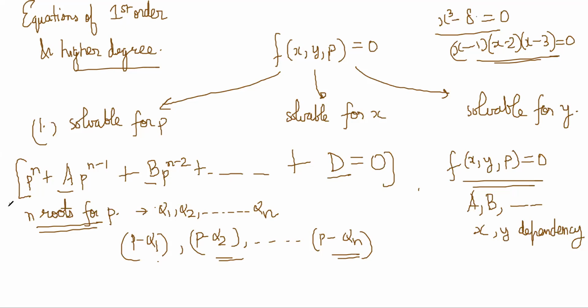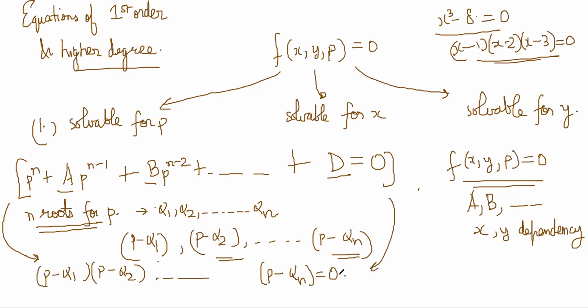So you can write this equation as p minus alpha 1, p minus alpha 2, multiplied till p minus alpha n is equal to 0, right? You can transform this in terms of its roots alpha 1, alpha 2, alpha 3. Now, obviously, the alphas will depend on x and y, because all the coefficients depend on x and y, correct? So basically now you have this equation.